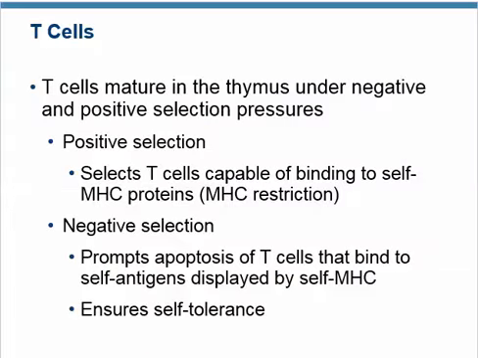So I'm not going to get too deep into what the T cells do at this point, but basically they are selected, right? And they have to pass some tests.